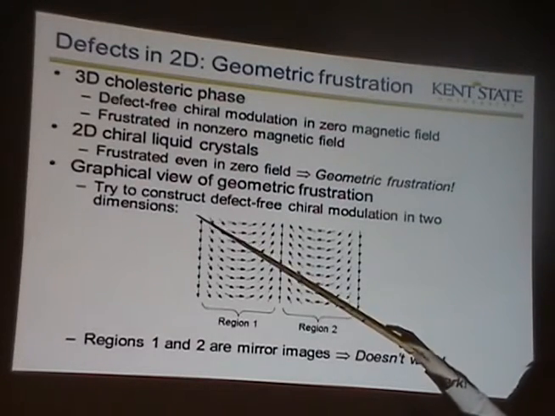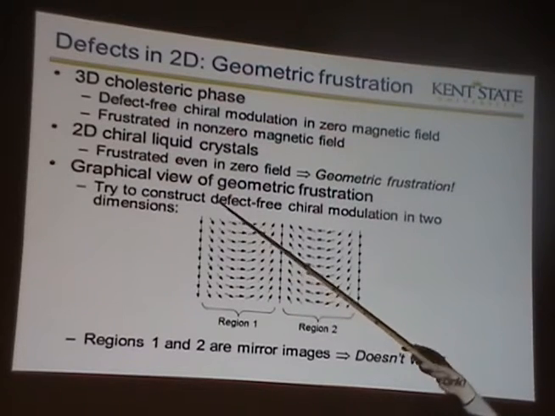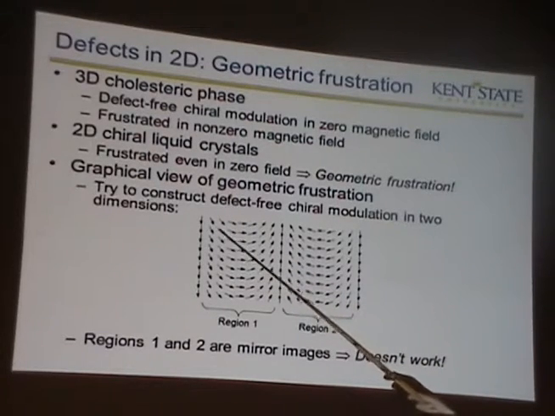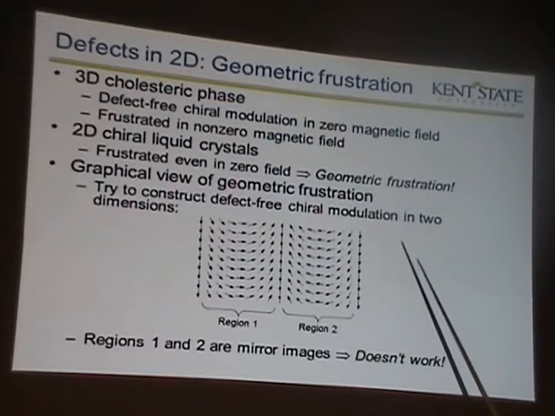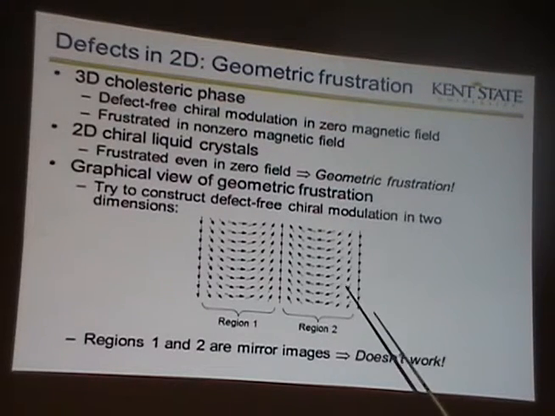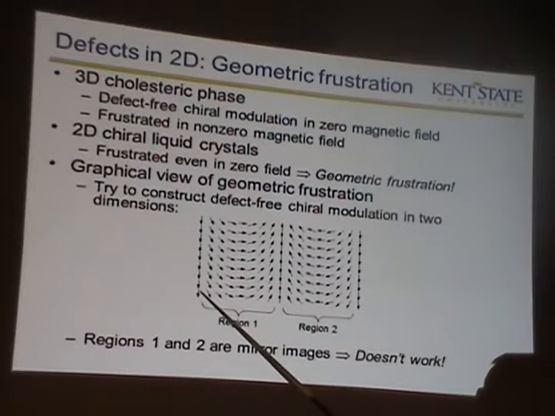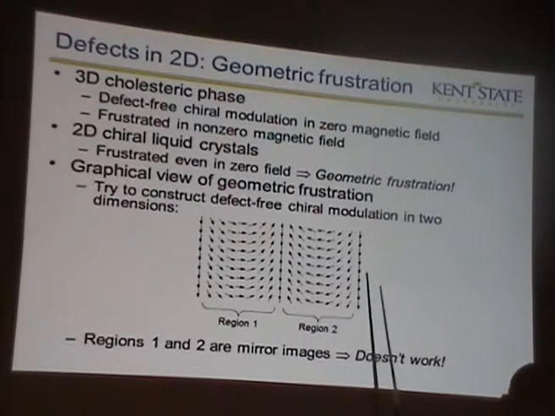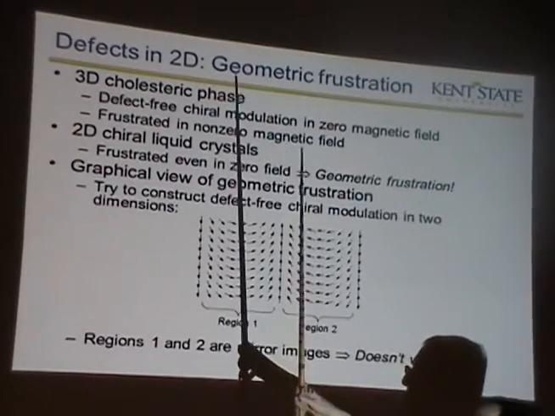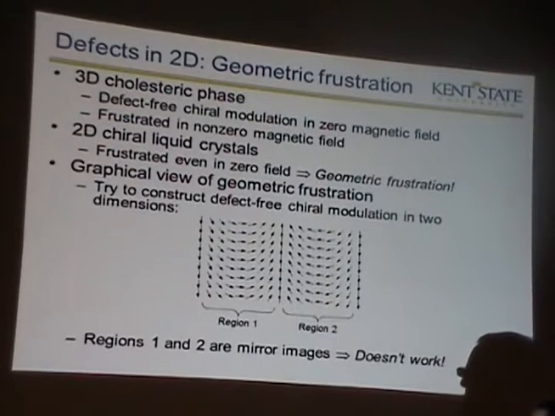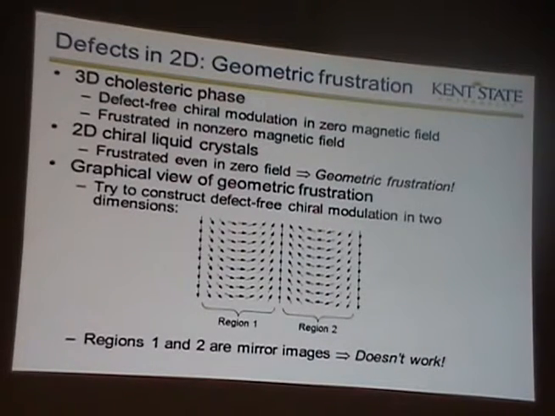You say, I've got a theta that's initially minus pi over 2, and I'll make it just increase up to 0, pi over 2, and so forth. So here it's going around a full circle. You think this is chiral? No, it's not. It's not chiral because this region and this region are exactly mirror images of each other. There's a mirror plane right there between them. So this is not a chiral configuration. The chiral terms in the free energy do not favor this sort of thing.